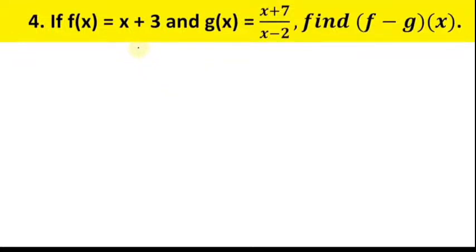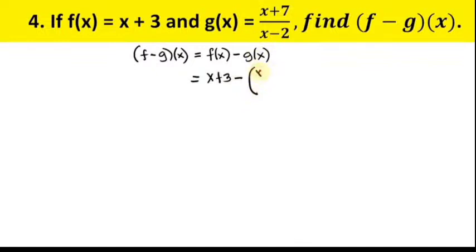Again, formula natin is f minus g times x equals f of x subtract g of x. So we have f of x, that is x plus 3, subtract quantity of x plus 7 over x minus 2.